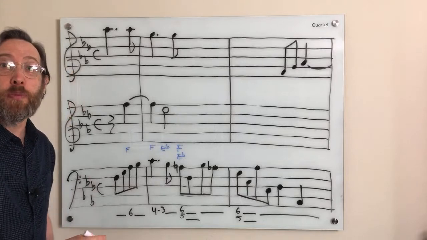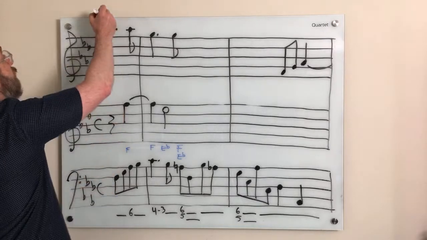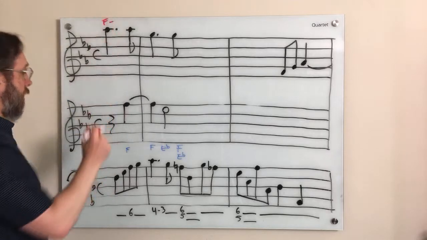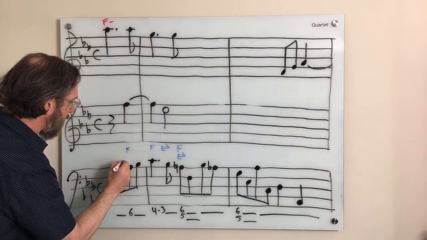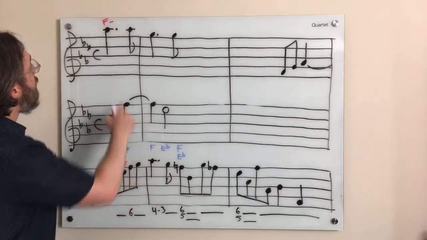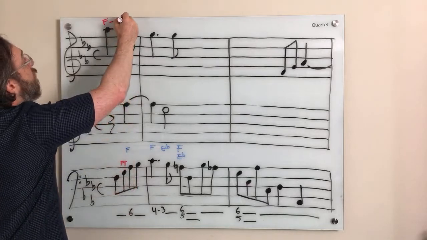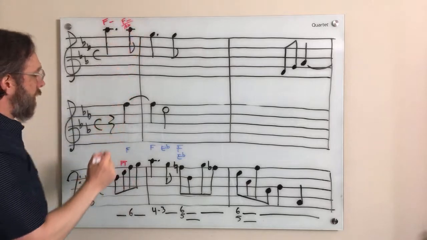That implies a root position triad, which would be an F minor triad. This G then would be a passing tone. Then we go to A flat in the bass, F here. This would be an F minor triad with A flat in the bass.